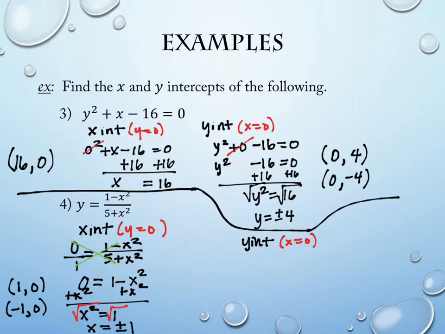Let's see what happens for y. So my y-intercept, where I let x equal 0, means I have y equals 1 minus 0 squared over 5 plus 0 squared. This is the cleaner of the two here, right? These 0 squareds are 0. So what is my y-intercept? 1 over 5.